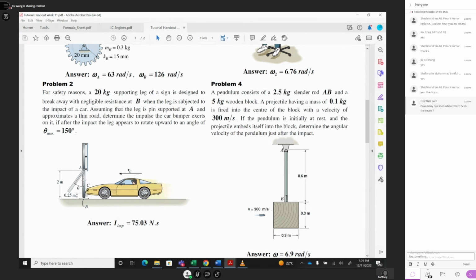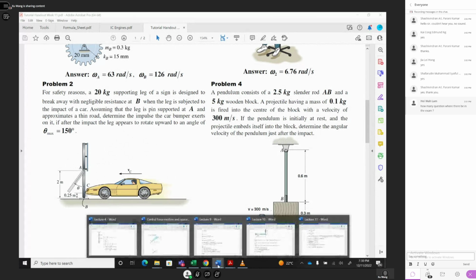In this case, MGH equals the length AB minus AB cosine theta, that difference, because you move up. The end point moves up, and at the middle point you take half. This is your MGH, and it should equal half of I omega square. That's how you solve it.